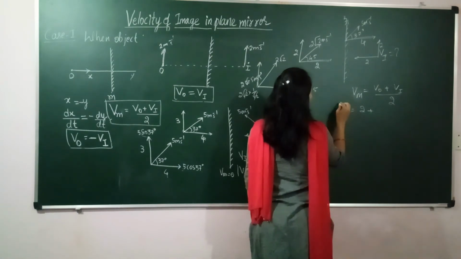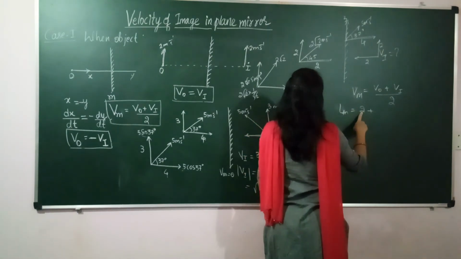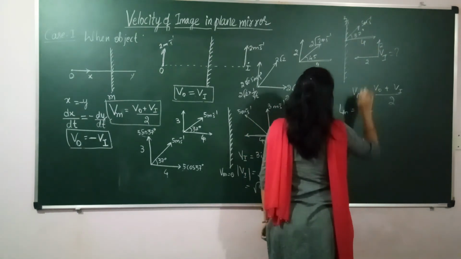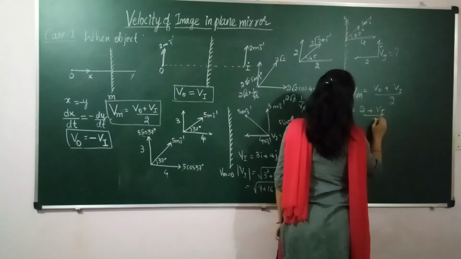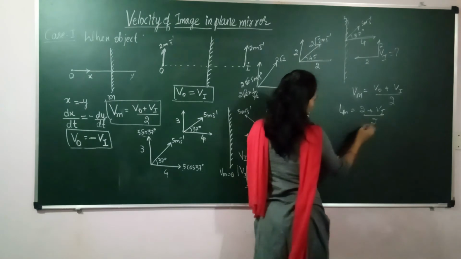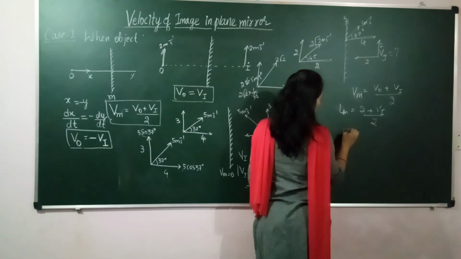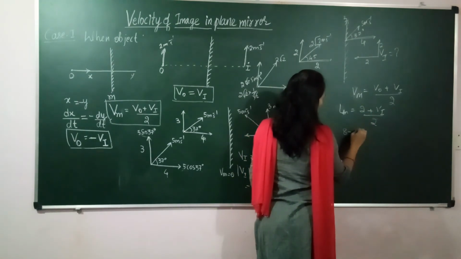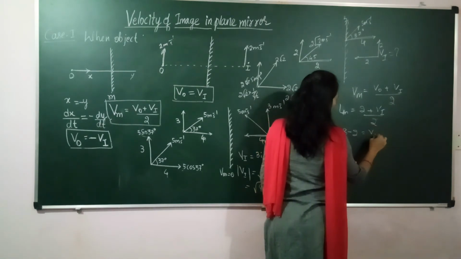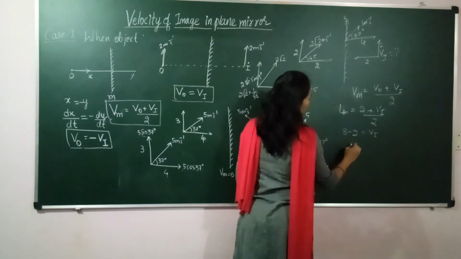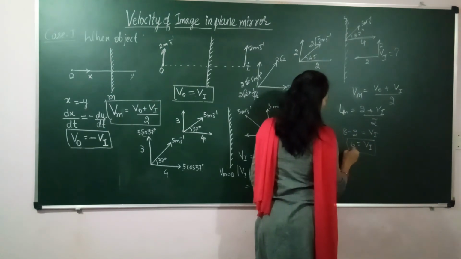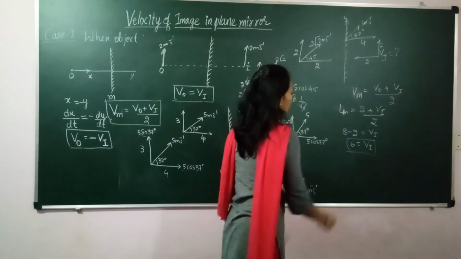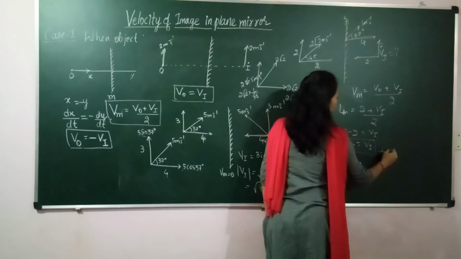So here we will take it as 4 and this will be 2. Both are in same direction, we will take positive, and this is Vi divided by 2. 4 into 2, it will be 8, and this will become minus 2 equals to velocity of the image. So 8 minus 2 will be 6. So this will be the velocity of the image, 6 meter per second. This is in case of the perpendicular.